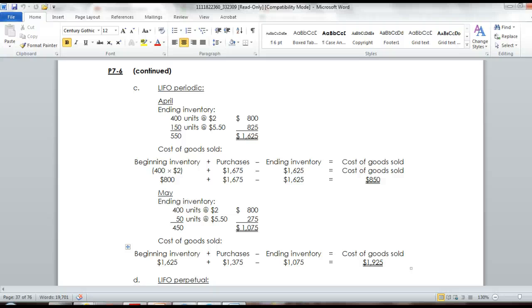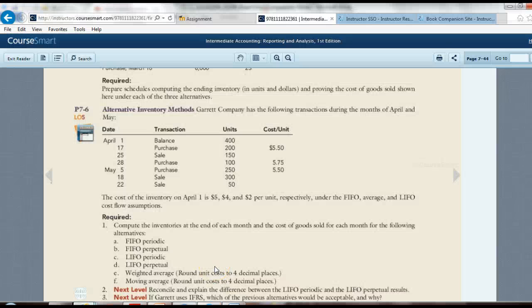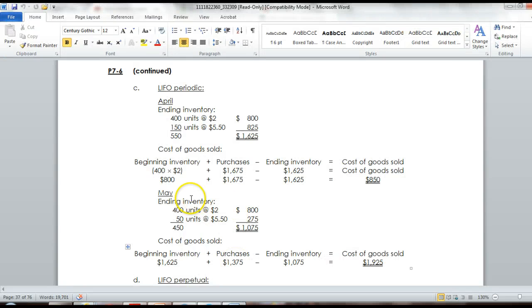So for our ending inventory, let me go back here again, we know that we have in ending inventory 450 units. 400 of those will be our April 1st units, plus 50 will be our April 17th purchase. So as you can see here, we've got our ending inventory of 1,075.